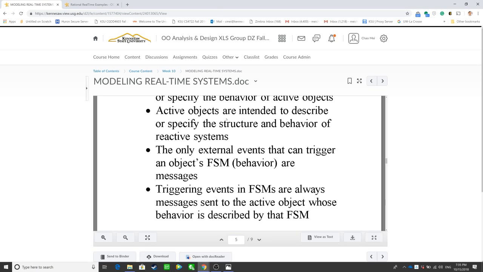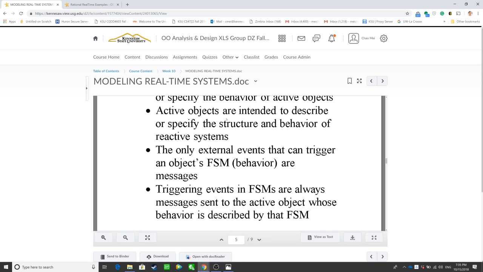So let me answer your question a little bit here. When we are trying to model state, we use a state diagram. We can still think about the class diagram, where we also have inheritance, associations, and aggregation, these relations.